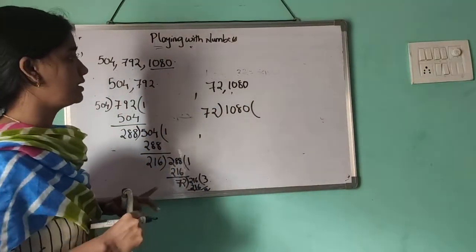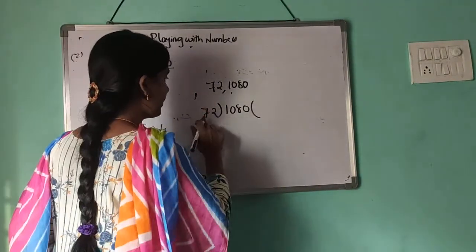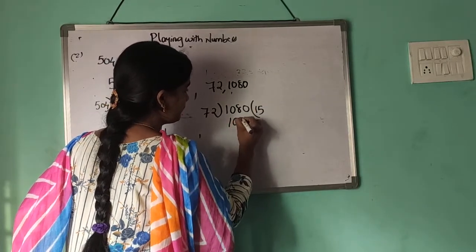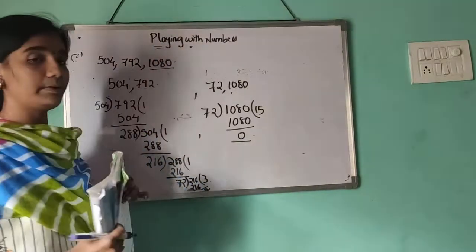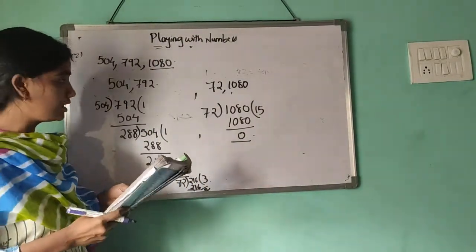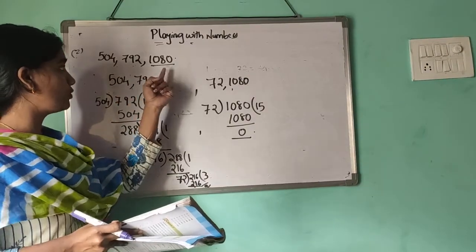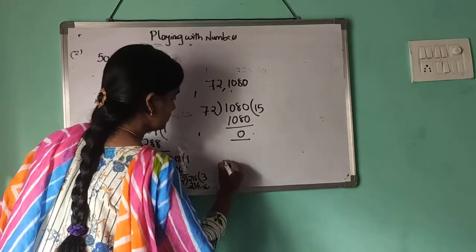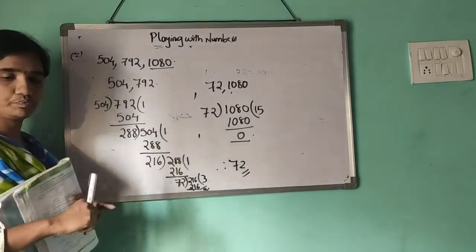The divisor until you get the remainder 0. How many times is 72 divisible? 15 times. 15 72s are 1080. The remainder is 0. So the largest factor of 504, 792, 1080 is 72. Largest number is 72.